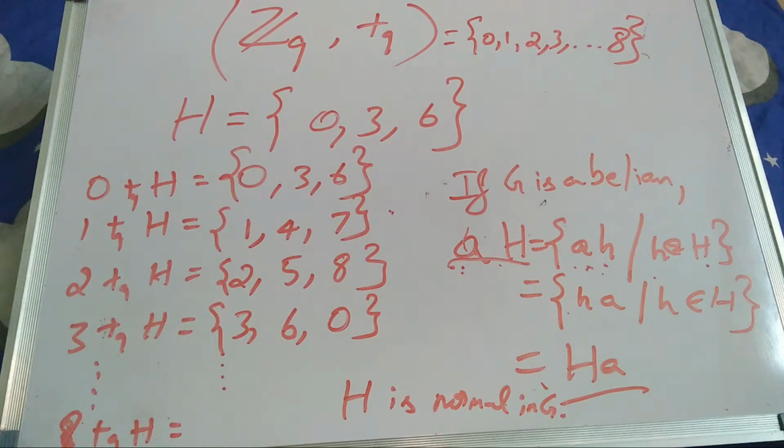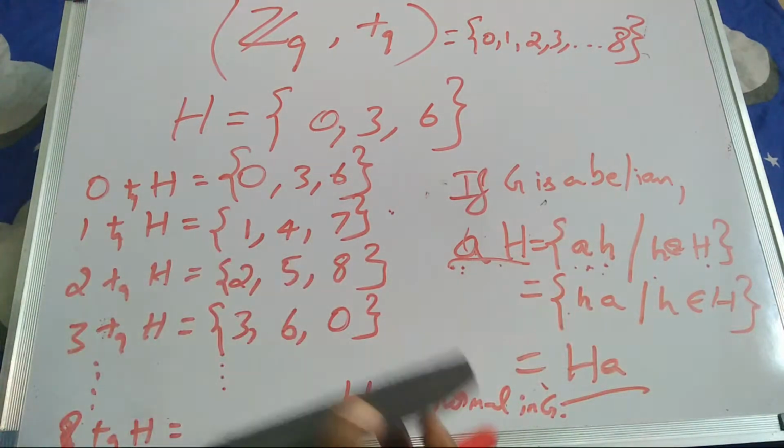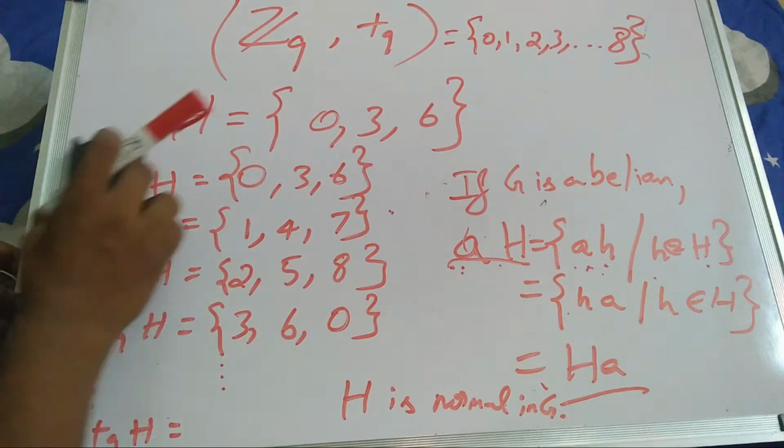Okay. Now we will state our observations here. We will define a few things and state our observations regarding cosets and also regarding normal subgroups.